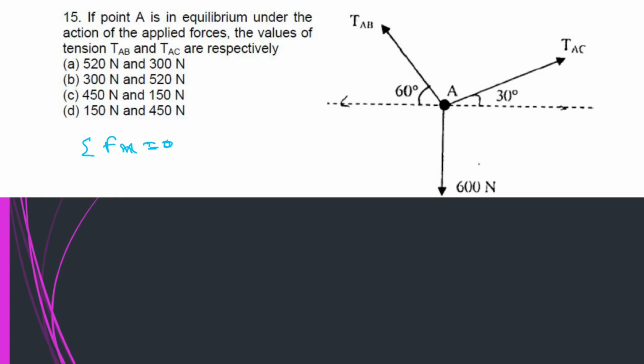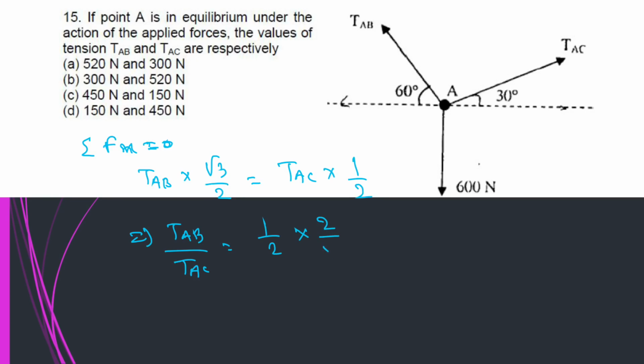So TAB cos 60 is root 3 by 2, equal to TAC cos 30 is 1 by 2. So TAB divided by TAC, you will get 1 by root 3.